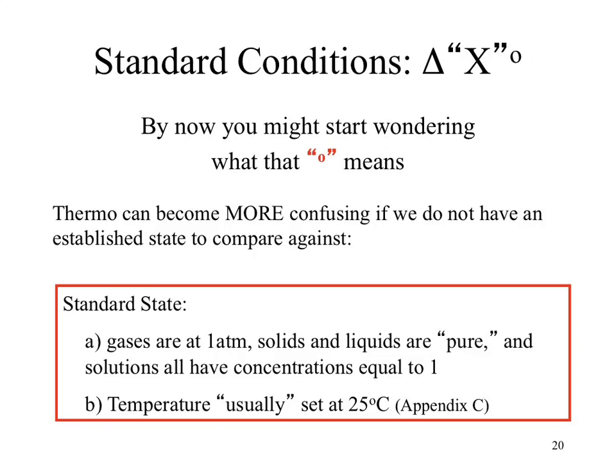Okay, so your standard state conditions suggest that gases are all at 1 atmosphere. Solids and liquids are pure. Why would that be important? That means they don't need to show up in equilibrium expressions. And solutions all have concentrations equal to 1. Again, why is all that nice?